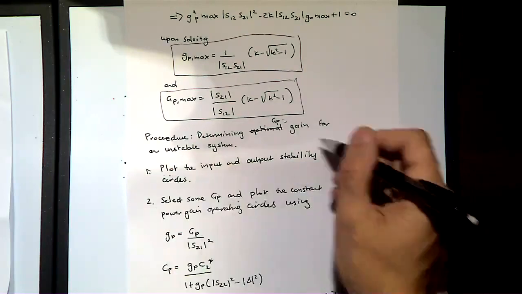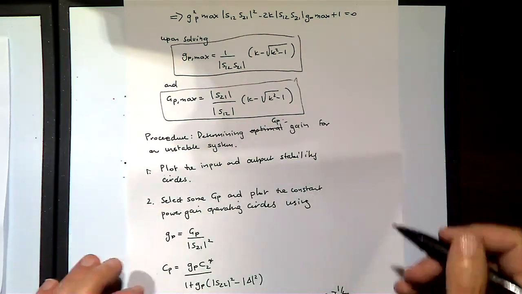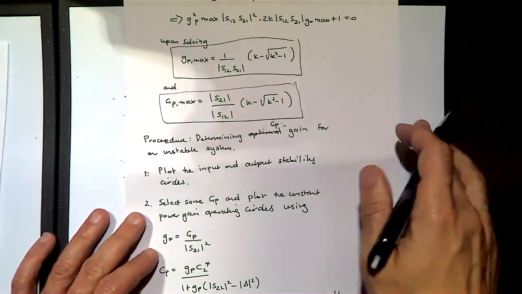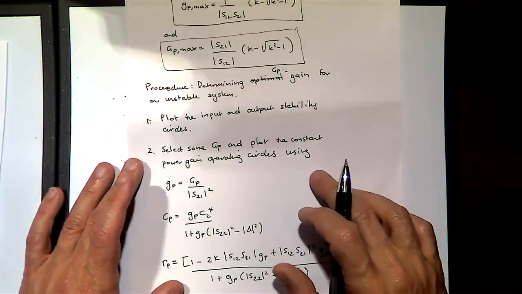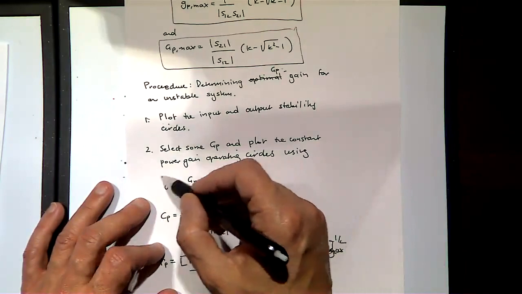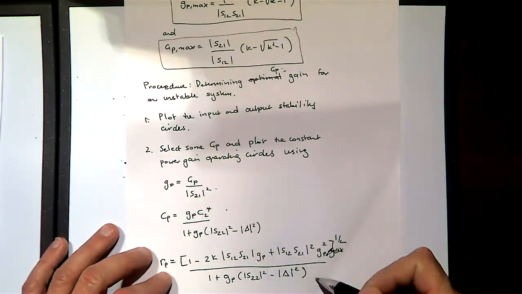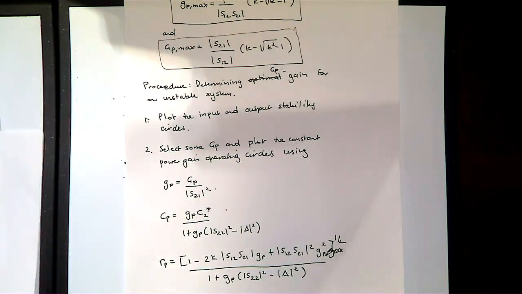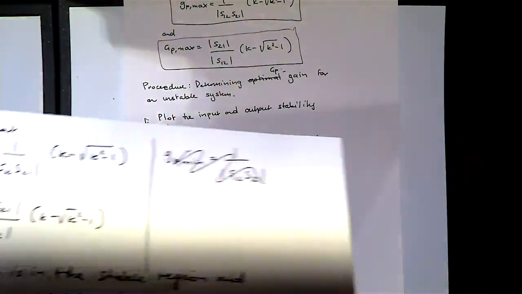So the first step is to draw the stability circles. The second step is to draw the operating power gain circles, and these are the definitions for GP, and the center and the radius.